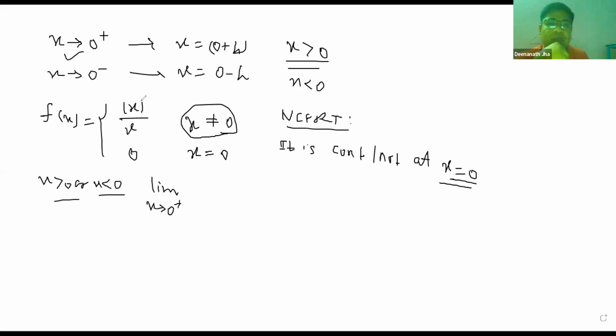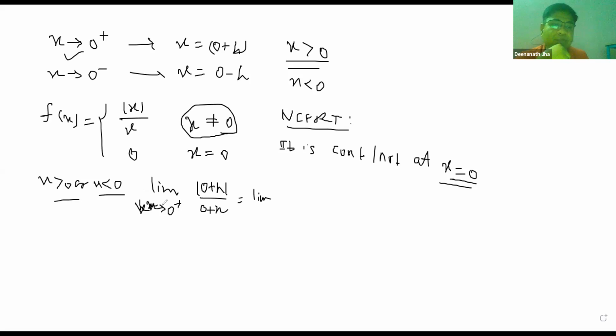It means you will take x equal to 0 plus h. Mod of 0 plus h divided by 0 plus h. It will be limit; here it is not x equal to 0, x tends to 0 plus.